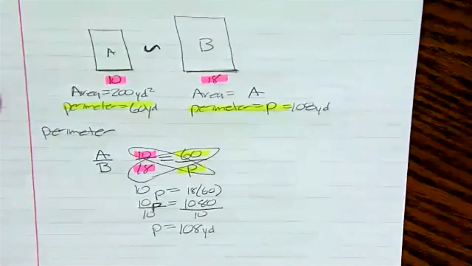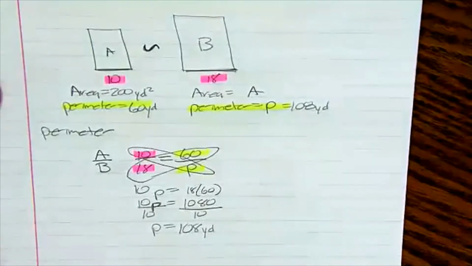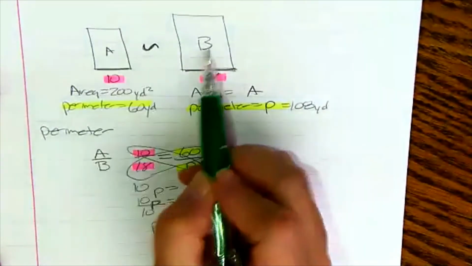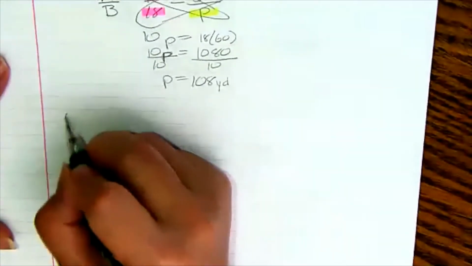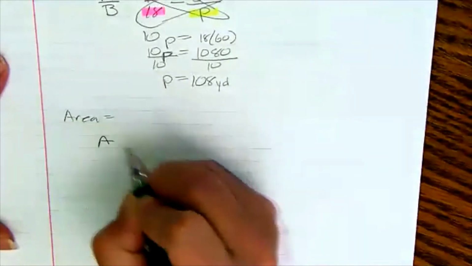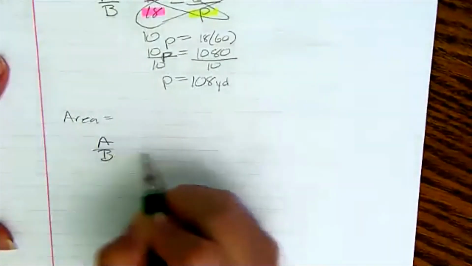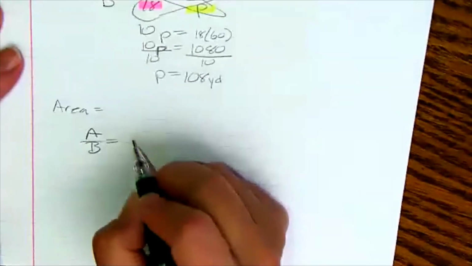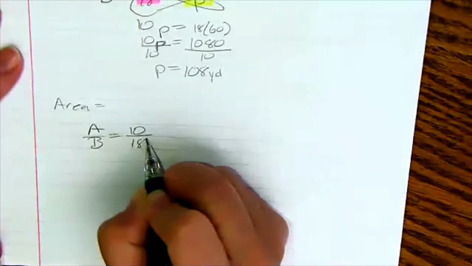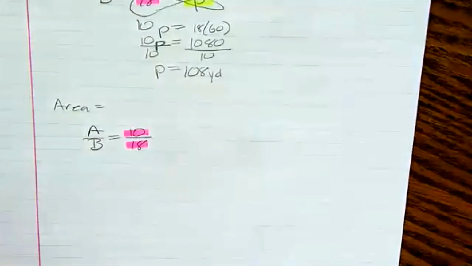Okay? So now we're going to do the same thing for area. But remember, area is the squares inside. Area is two-dimensional, length and width. So let's talk about area. We're going to use the idea of proportions again, A over B. We're going to use what we already know, the length of A over the length of B. So we're sticking to corresponding parts again.